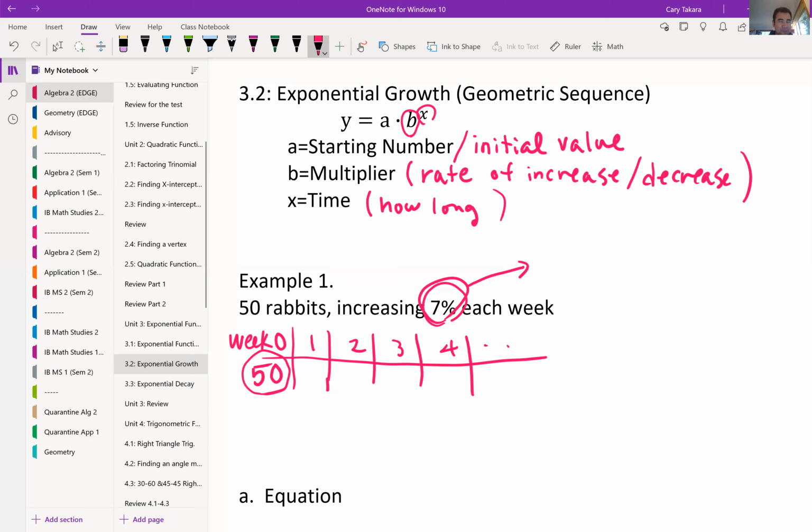If you don't know how to do it, figure it out. It's really easy. You divide the percentage by 100. 7 divided by 100 is 0.07. And then you multiply that number by 50. So everybody take out your calculator and do this for me. 50 times 0.07 is, you get 3.5.